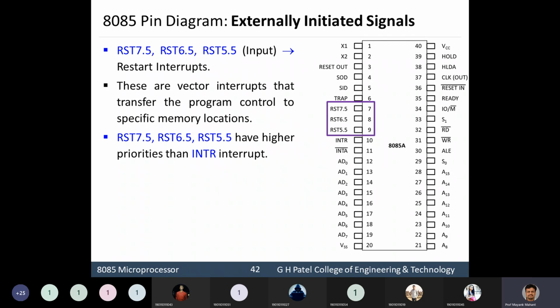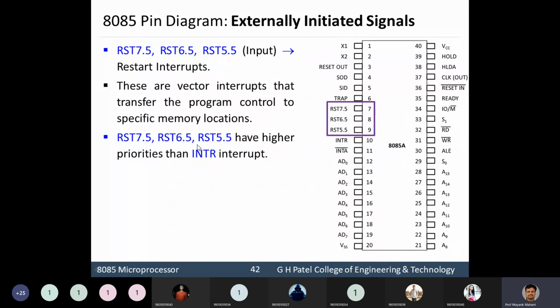Many times there may be a condition where two interrupts come at the same point of time. Now the microprocessor will get confused about which interrupt it needs to service first. So the priorities are defined.